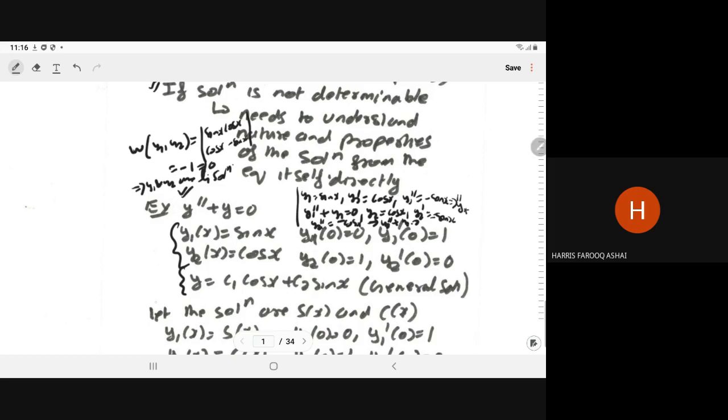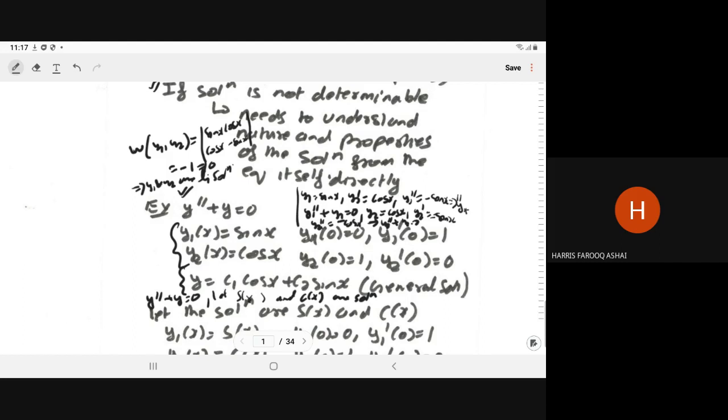Now, I am saying that I have the equation y double dash plus y is equal to 0. Let S(x) and C(x) be solutions. We are not saying that sin x and cos x are solutions.